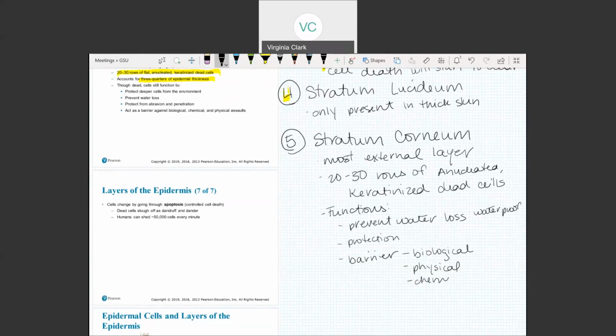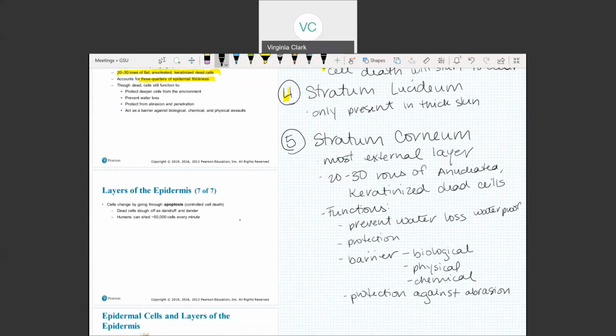So it will have a couple different types of barrier mechanisms. It'll also be responsible for, with this protection and with this barrier, it's going to protect from abrasion. Specifically, if you were to rub your hands against the desk and the desk surface, you're going to start losing skin cells. As it does that, because there's lots of layers, remember this is about 20 to 30 rows of skin cells, if you take off the top layer because of abrasion, it doesn't matter, you have plenty left over.